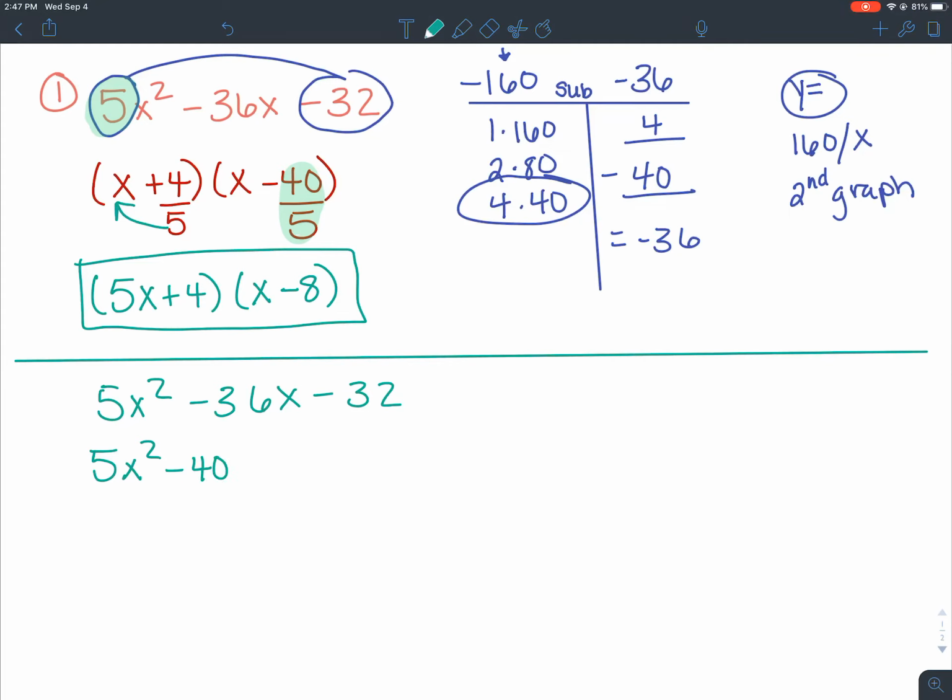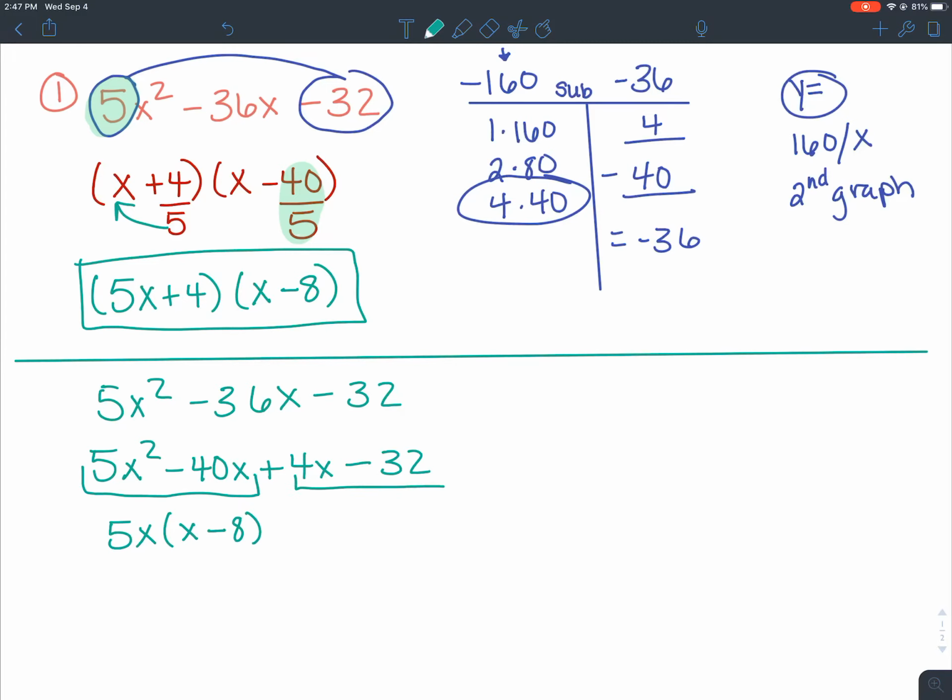So minus 40x plus 4x, because that's what gives me minus 32. I'm splitting it up, and then I would group it. What can I take out of here? A 5x, and I'm left with x minus 8.